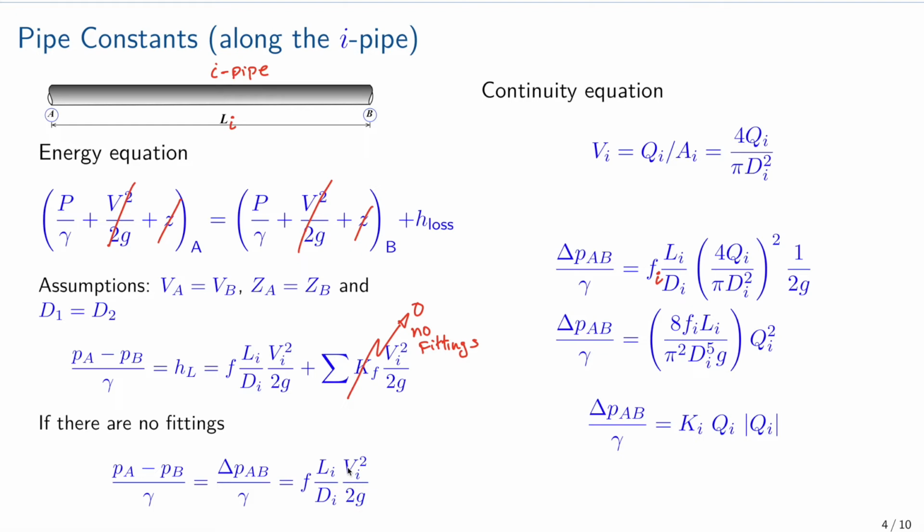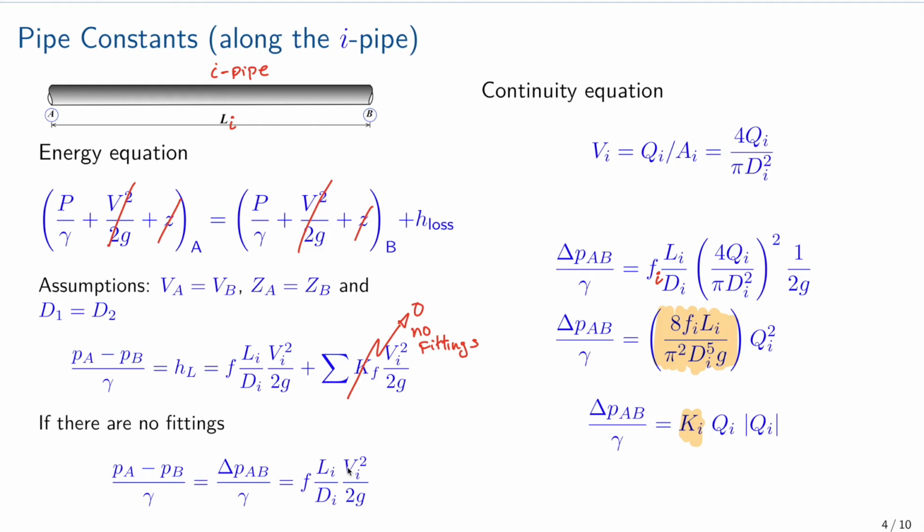We just simplify, and we end up with a term multiplied by Qi squared. This term is 8 multiplied by the friction factor, the length of the pipe, divided by pi squared, the diameter to the fifth, and the gravity. Now we are going to call this term Ki. Don't get confused with the K of the fitting.